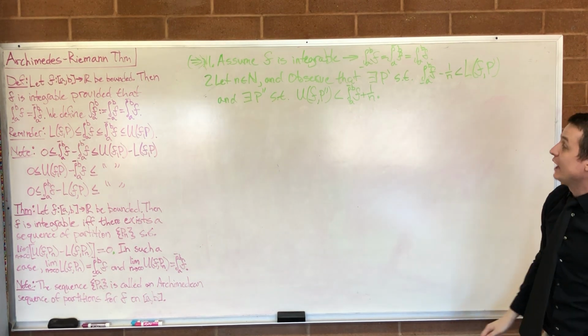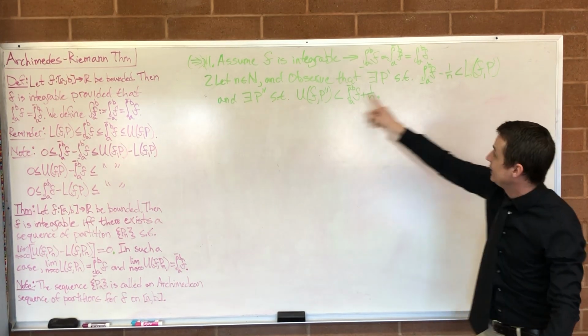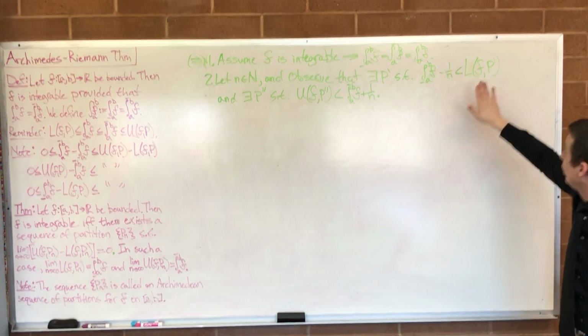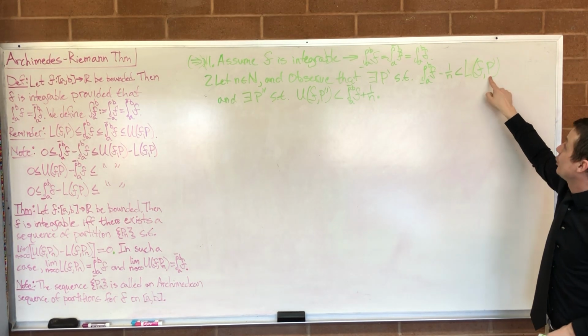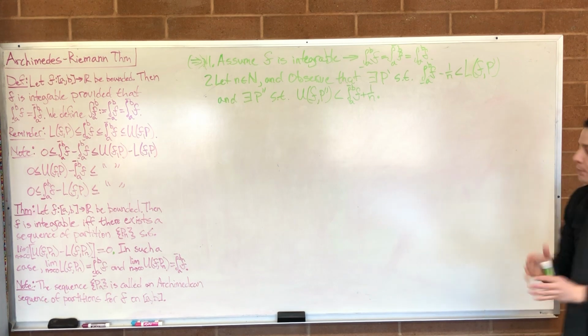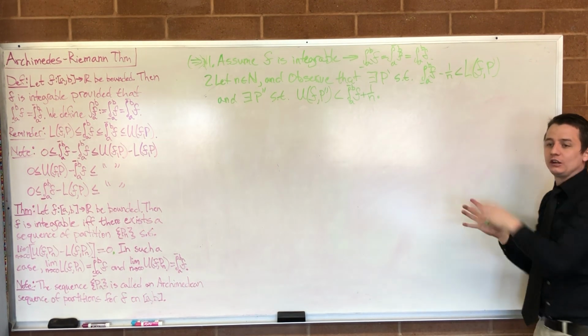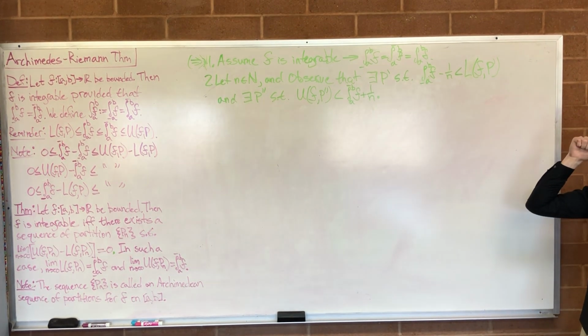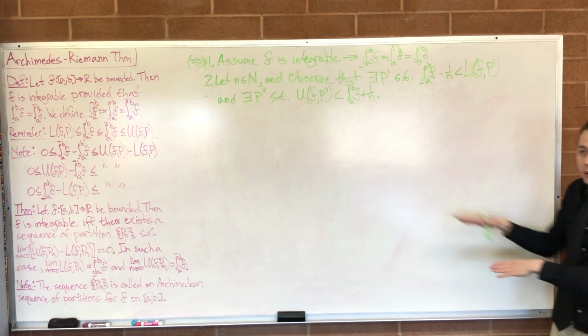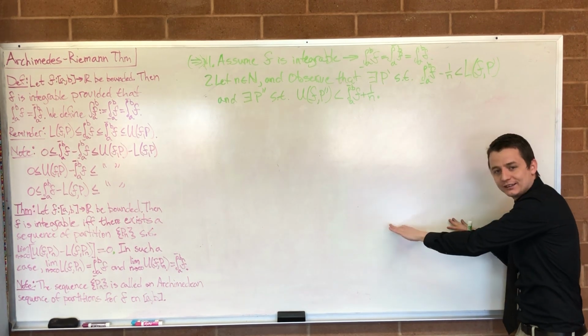Okay, so now we're going to take a refinement of this, and both these inequalities are going to be true. Notice, if I take a refinement, a better approximation for my lower Darboux sums, it can only make the number bigger. A lower Darboux sum gives me something less than the integral.